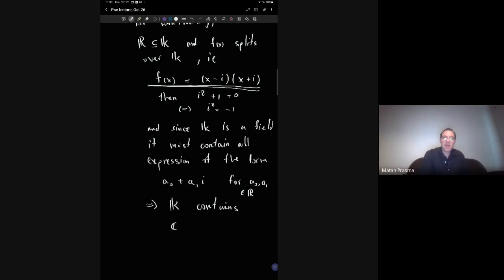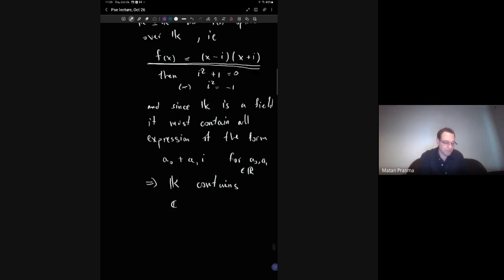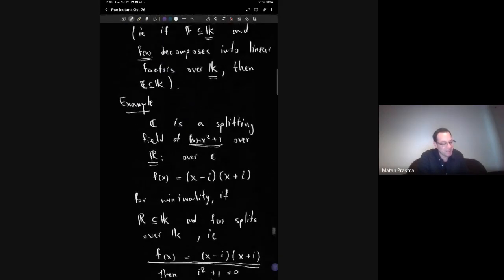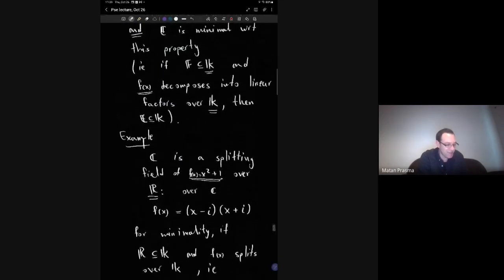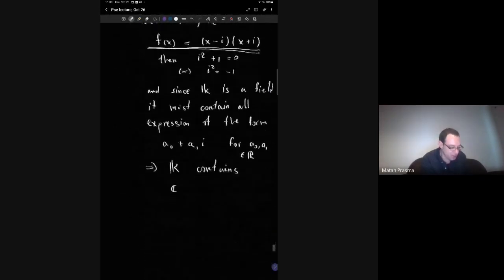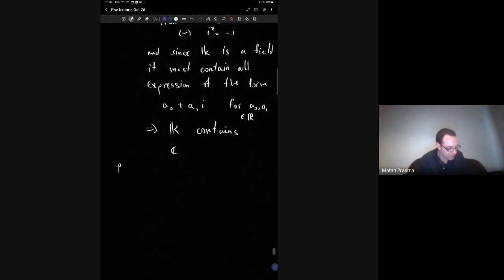Okay, let's try a proposition. Now, of course, this definition is nice. We saw even an example, but we are not guaranteed that a splitting field always exists, right? And this is the content of the next proposition.